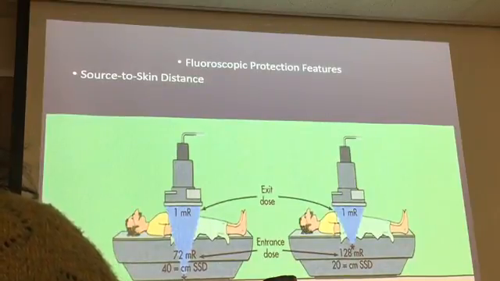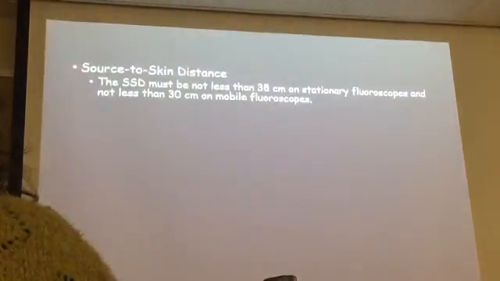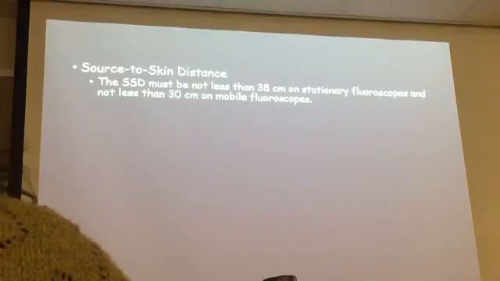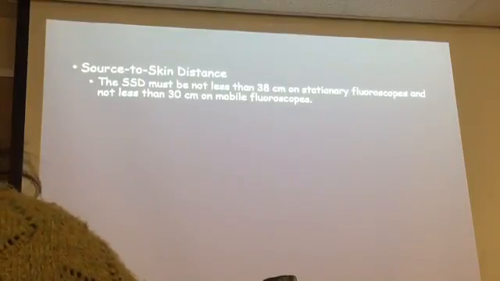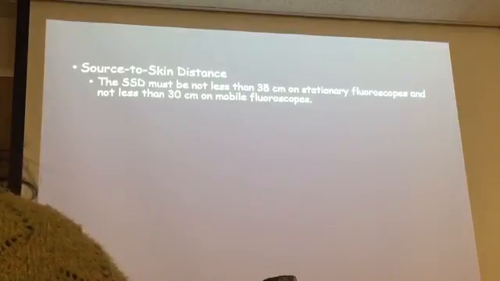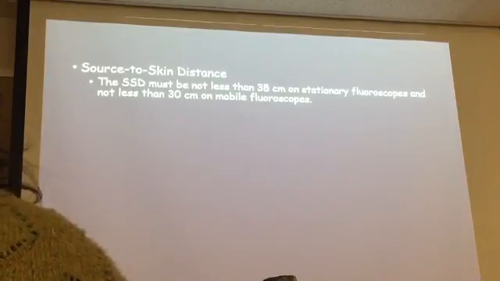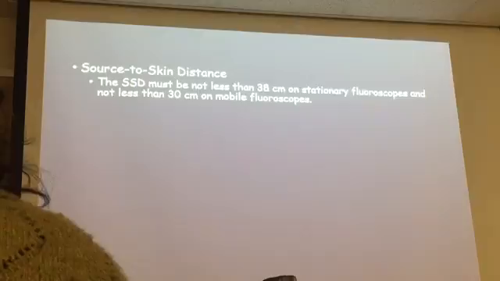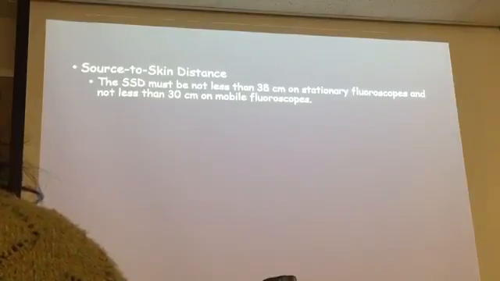What is recommended is the source to skin distance must be no less than 38 centimeters on stationary fluoroscopy units. No less than that. Meaning you don't want to get to 37, you don't want to get to 36.